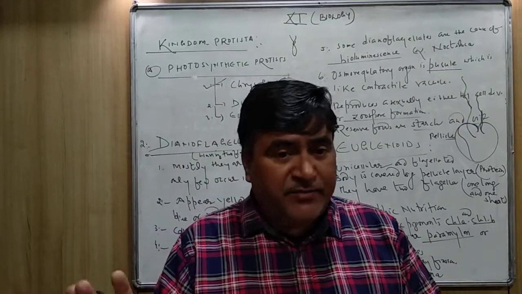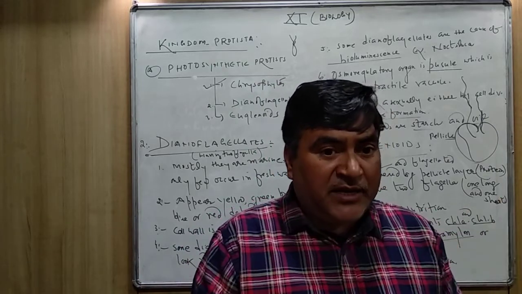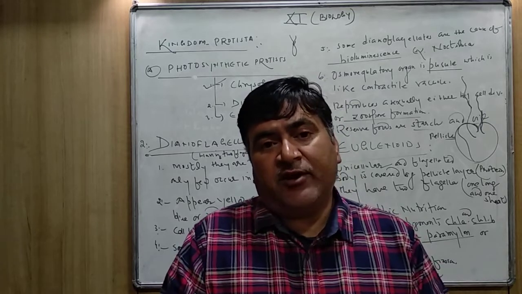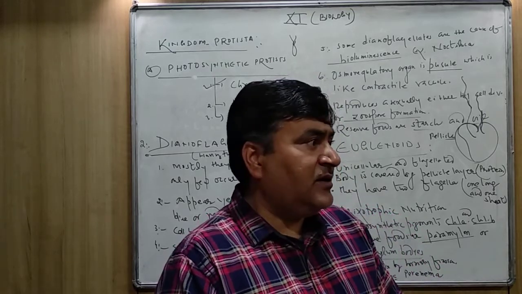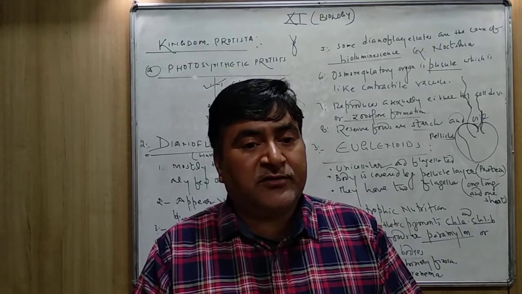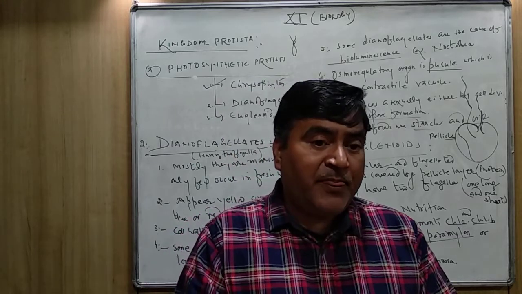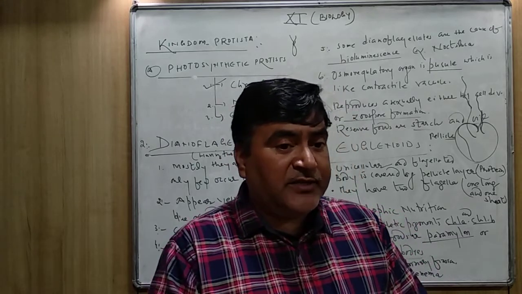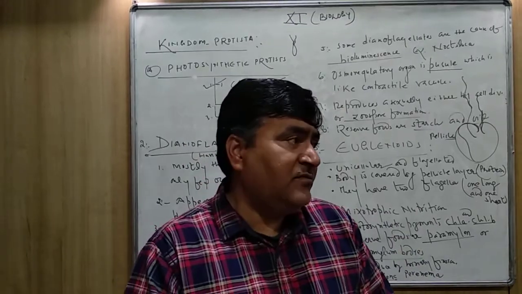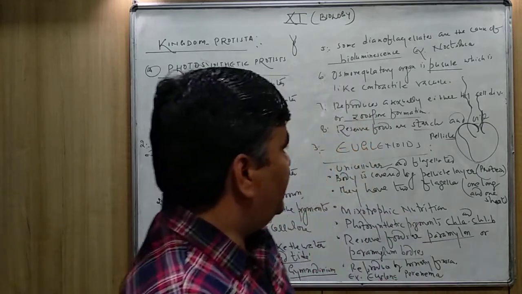Because of the presence of the pellicle and the absence of the cell wall, the euglena is considered an animal also. It is special, and because of the autotrophic nutrition, it is considered a plant. So both the characteristics are there in euglena.